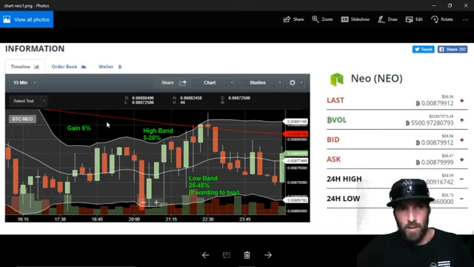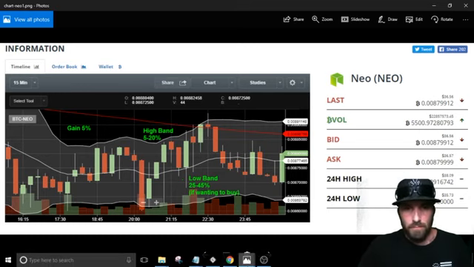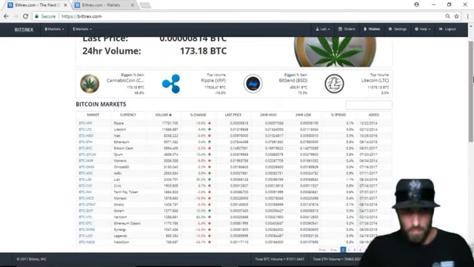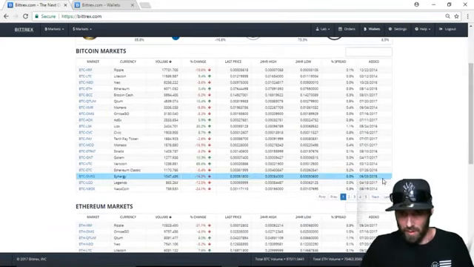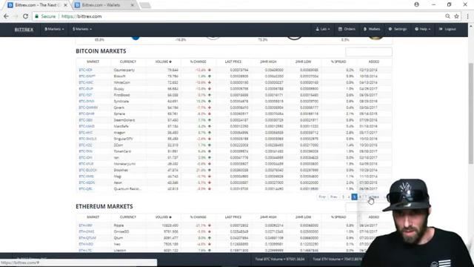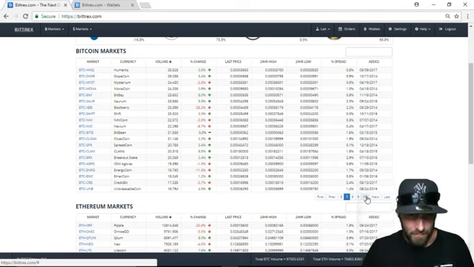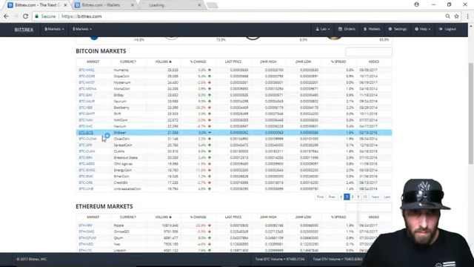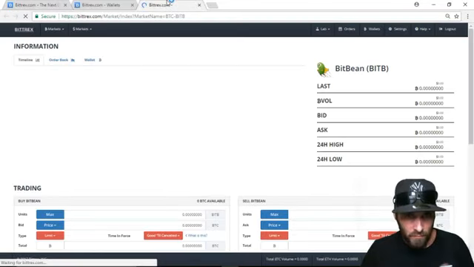This is why it's important that, let me show you an example. We have the Bitcoin market. It's important that you pick good pairs. So let's go maybe down to page 7. What is Bitbean?